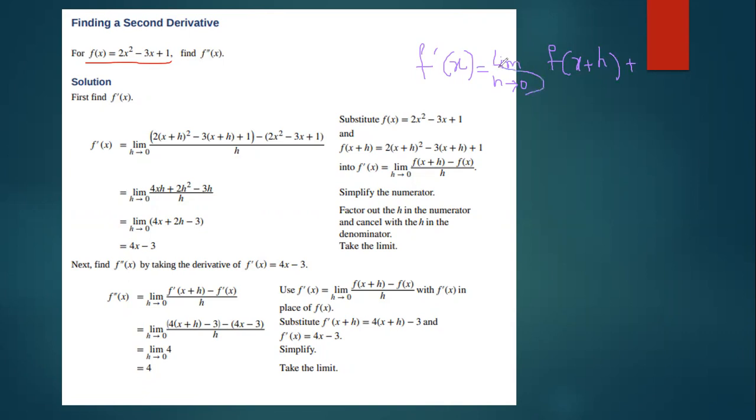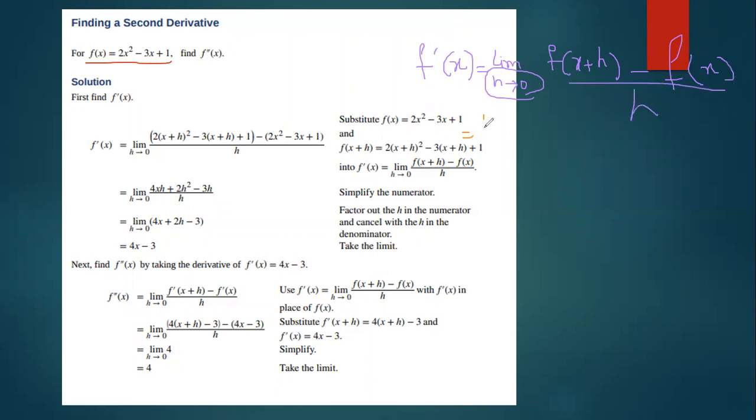If no domain is given, I have to use this limit, so it will be f of x plus h, with a negative sign, minus f of x, divided by h.